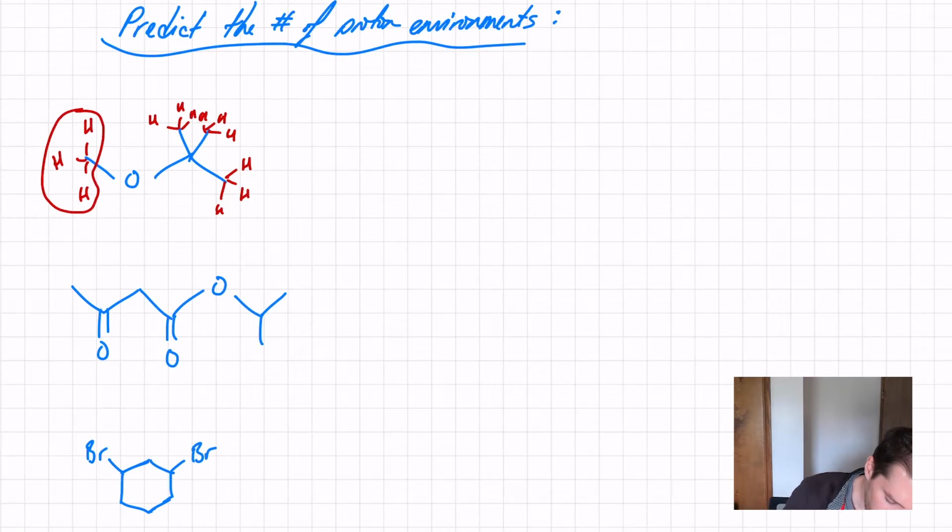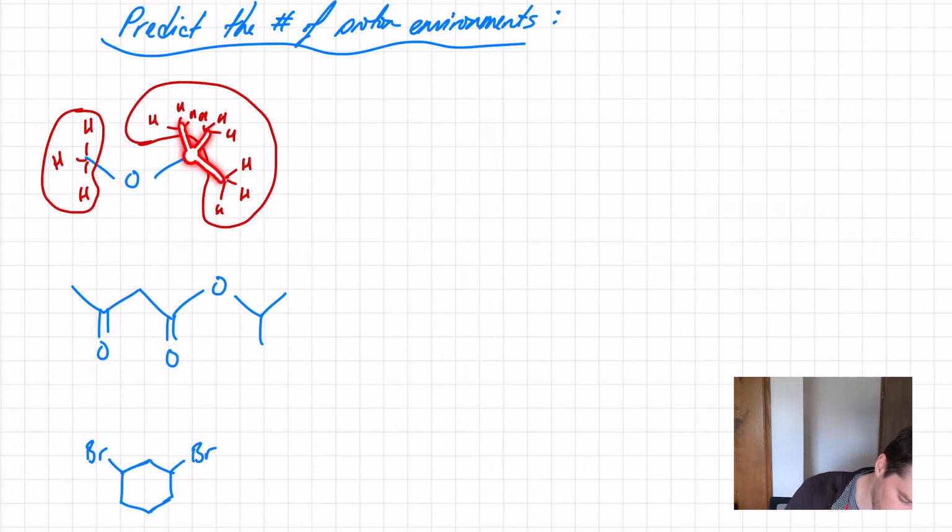And actually, all of these protons are in the same environment. Why is that? It is because from this point, if I go there, there, and there, it's equivalent. From this point right here, that, and that is all the same. And so these proton environments are not unique to each other. So in this one, even though I have a ton of protons, it looks like they might be different, I only have 2 environments.